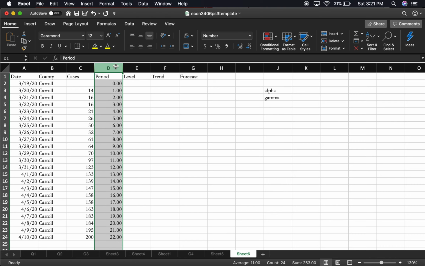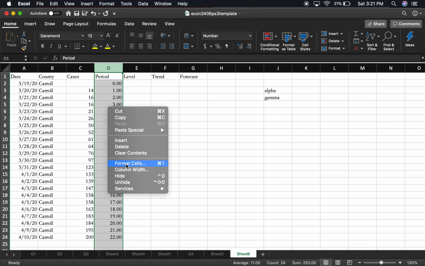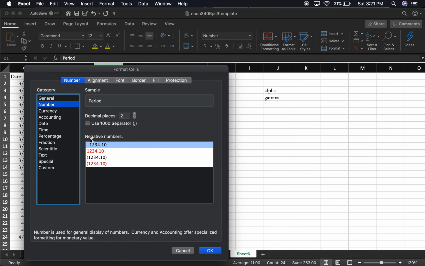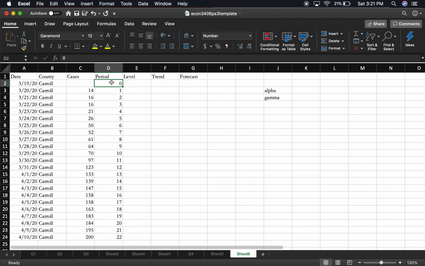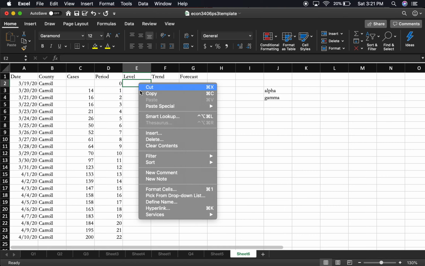Let me just format these cells here. We don't see any decimals. There we go. All right, so I have period 0, no data. Period 1, the first time I observed any data. Okay, how do I get the initial level and the initial trend? For the initial level, I fit a line through the data points.